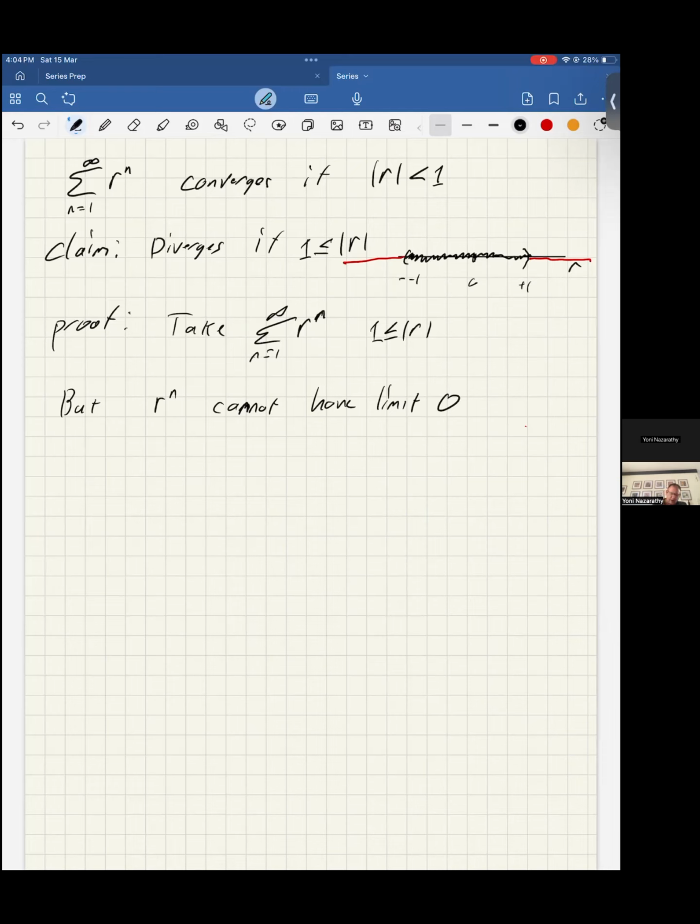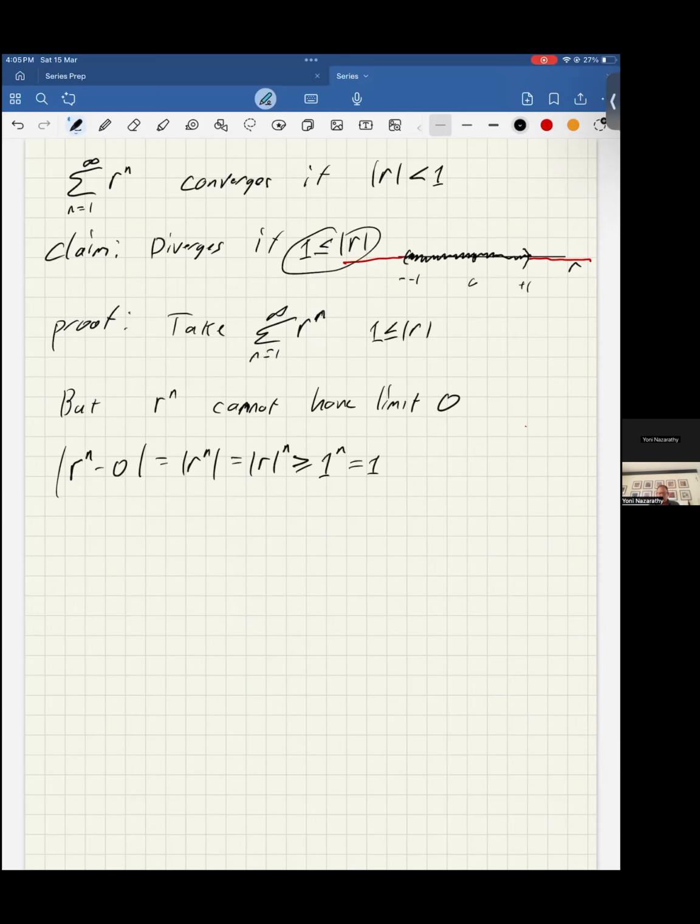The way to show this is to look at r to the n minus 0, which is just the absolute value of r to the power n, and that is greater or equal than 1 to the power n, because r in absolute value is greater or equal than 1, and that's 1.